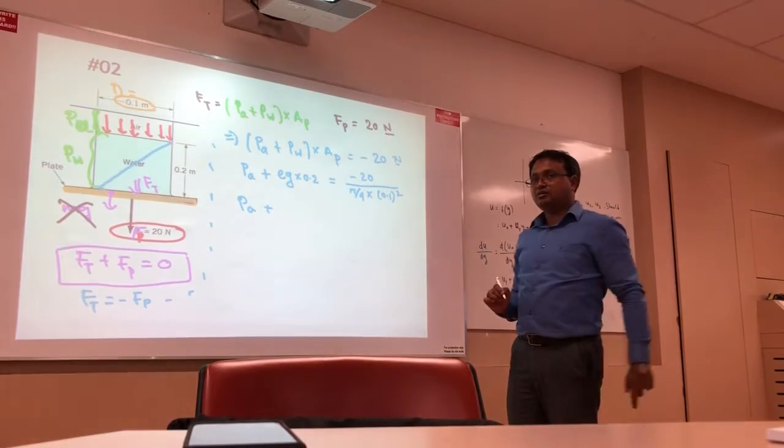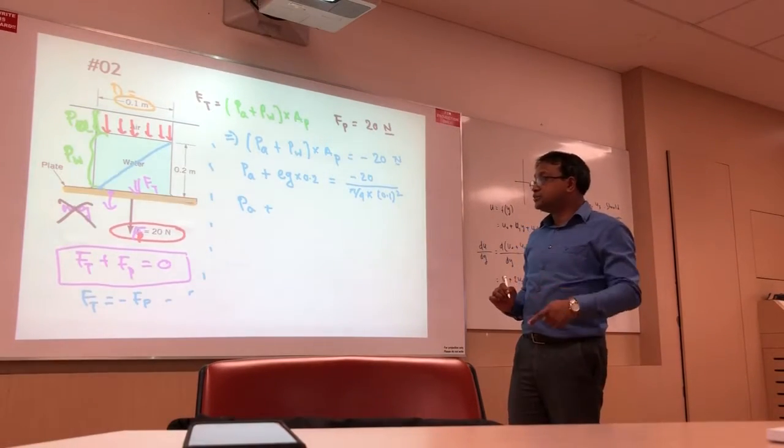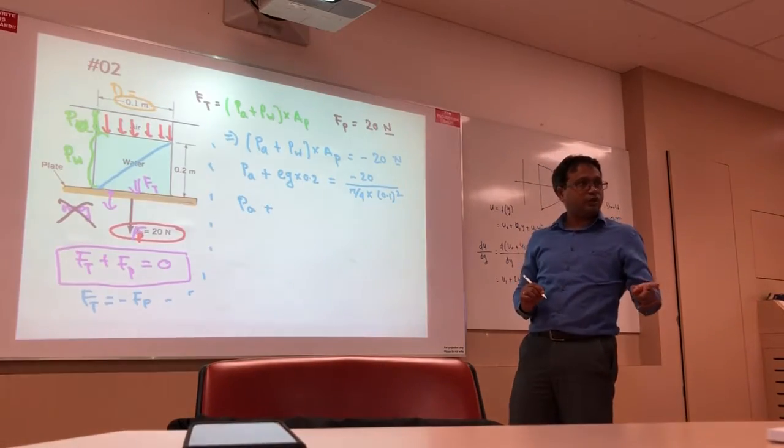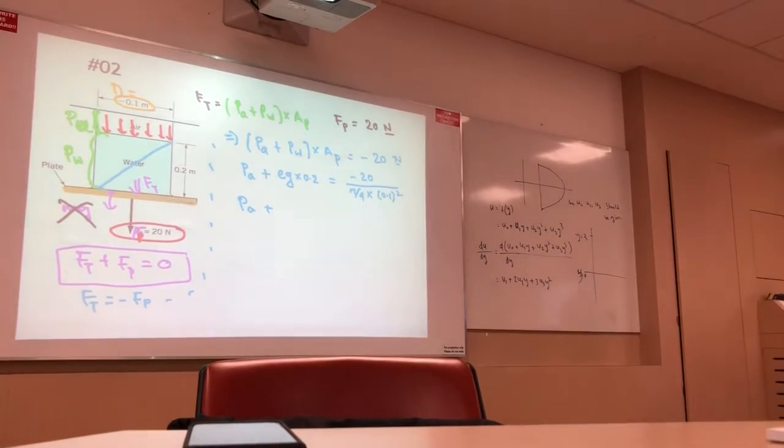I have written it in my first slide. 9800 times specific gravity, which is 1 for water, times 0.2, is equivalent to, I did some calculation before, minus 2546.48.